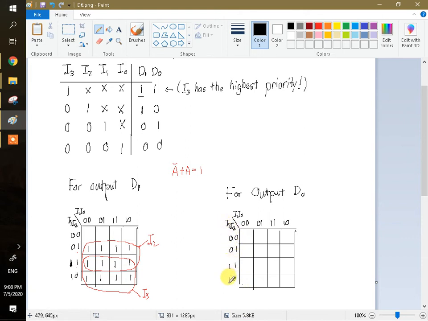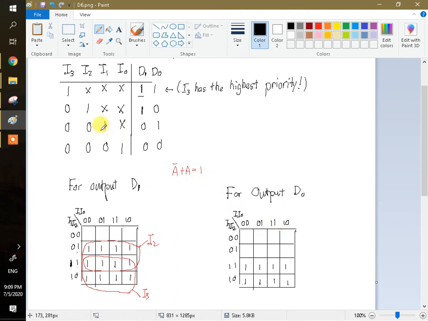Anything starting with I3 is these 2 rows: 1, 1, 1, 1. The next one is here: anything starting with 0, 0, then I1 is 1. Here and here.